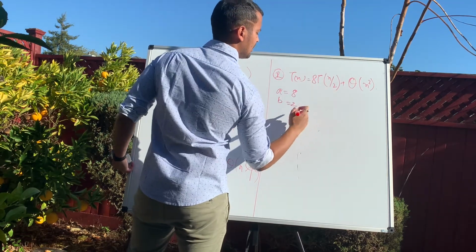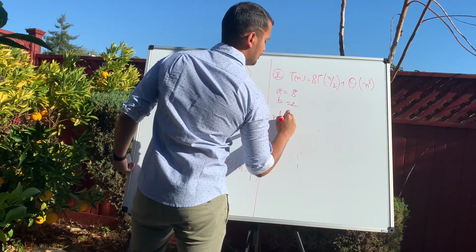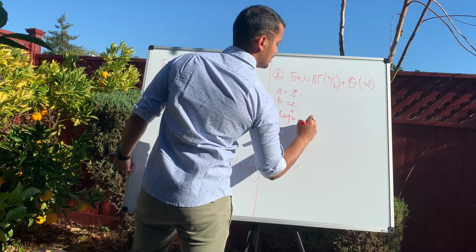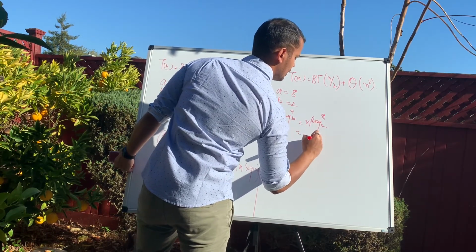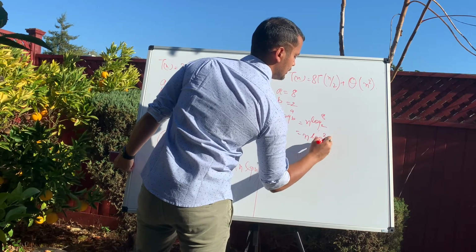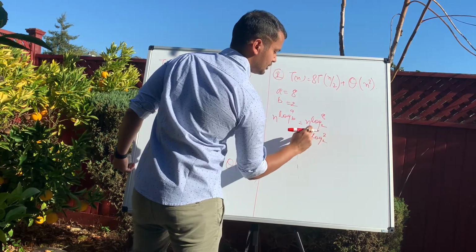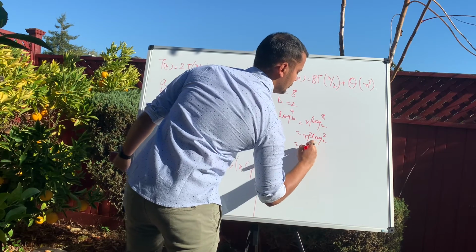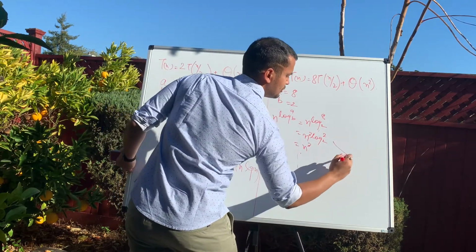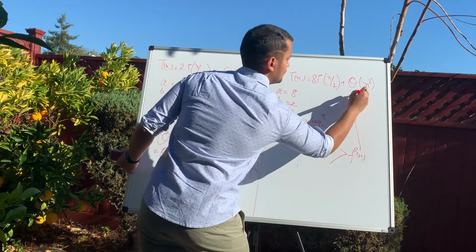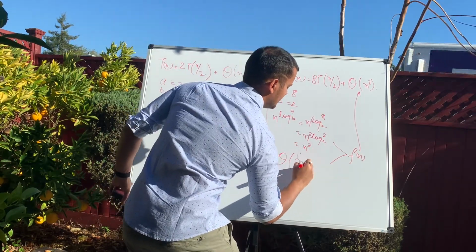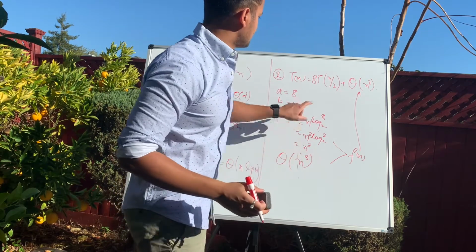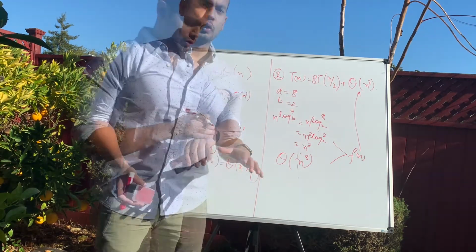And n^(log_b a) is n^(log_2 8), which is n^3. So n cube has precedence over f(n), which is just n squared. So we say that this algorithm is n cube, meaning that this side has the dominance.